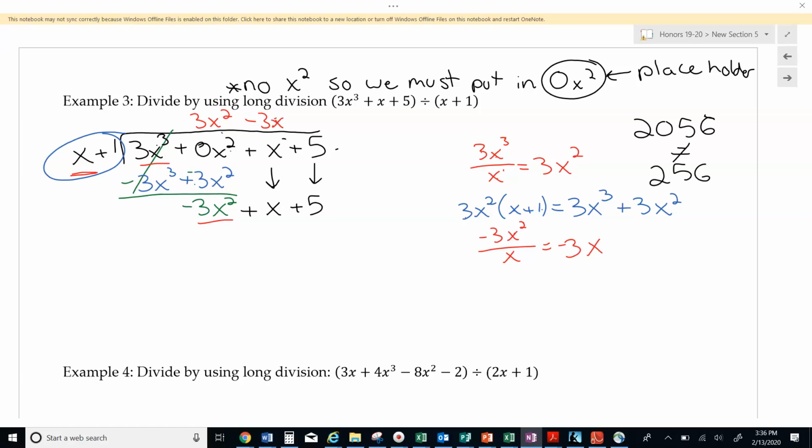It lines up with all my other x's. Now we multiply. So I have negative 3x times x plus 1. Negative 3x times x is negative 3x squared. Negative 3x times 1 is negative 3x.